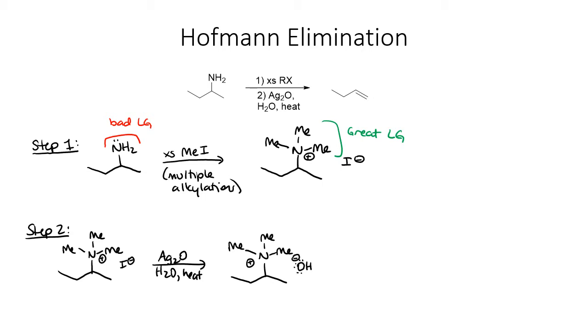So now we have a hydroxide that's a much better base than an iodide ion. So at this point, we will have an E2 reaction occur. Now the hydroxide is going to take the H on the least substituted carbon, and that's due to steric hindrance. Then the electrons will go and form the double bond and kick off the leaving group in an E2 mechanism.